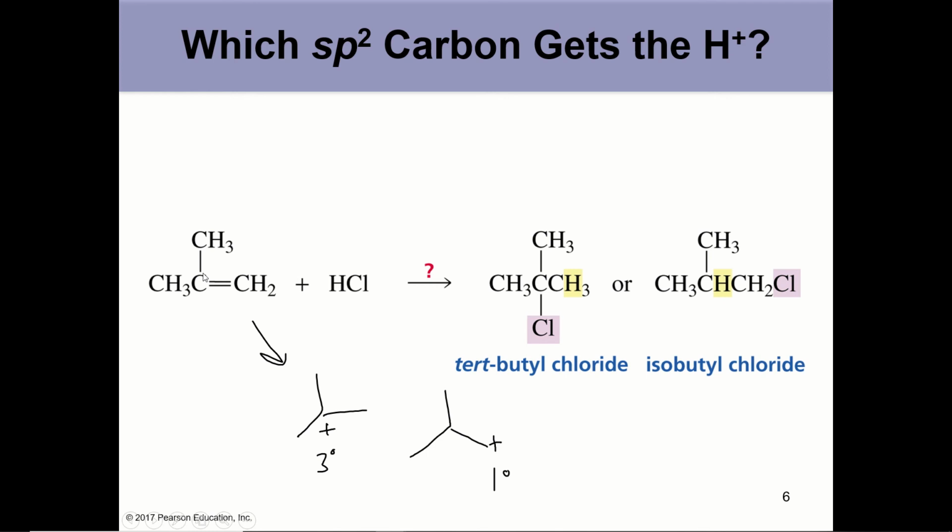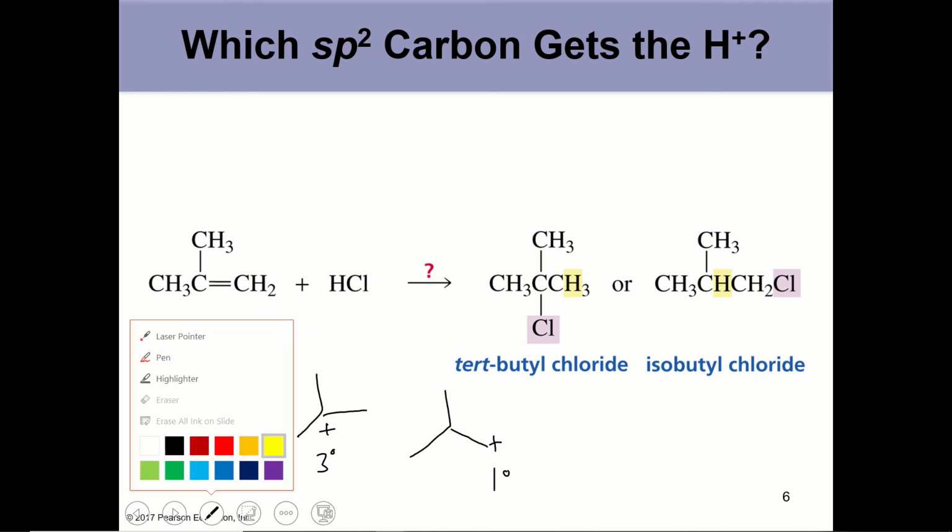So if hydrogen adds to the vinylic carbon that is the disubstituted carbon, that will result in a primary cation. The other vinylic carbon, the one that didn't get the new bond, would become positively charged. Let me illustrate this with a highlight.